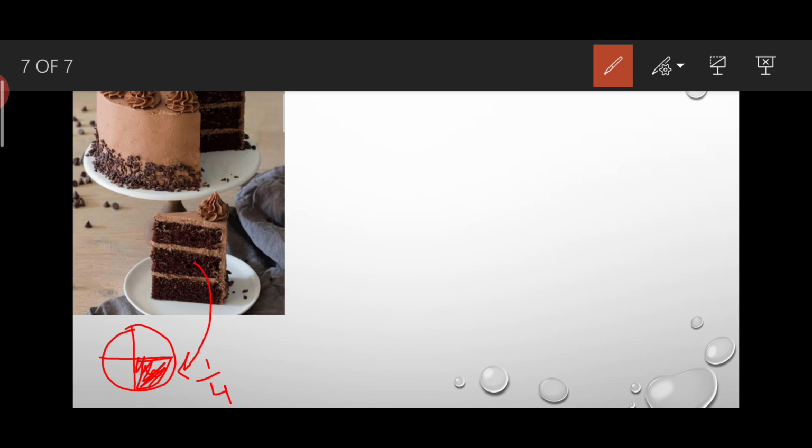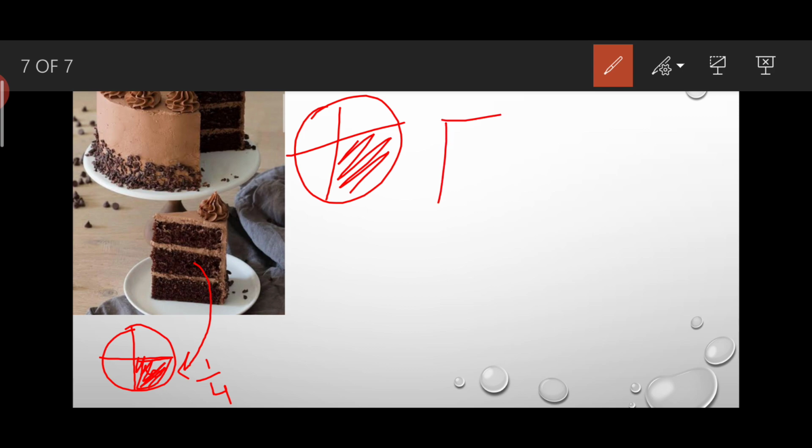Now it's up to you whether you eat the entire cake by yourself or you divide this cake among some of your friends. Now the condition is you have to divide this cake into some parts. We do not know the exact number of parts, but the condition is if you divide, this is your portion, that is I am drawing it here.